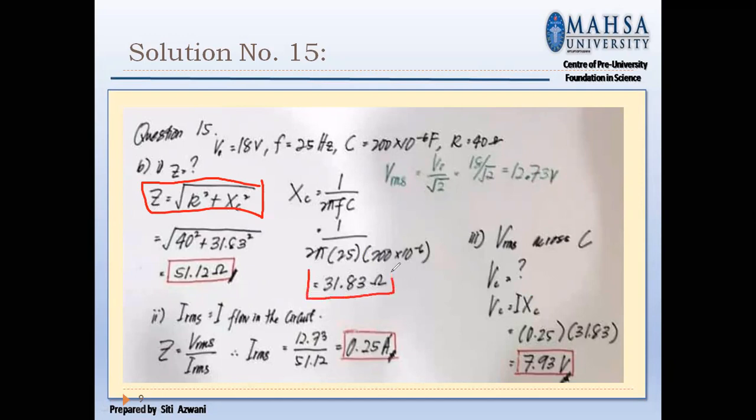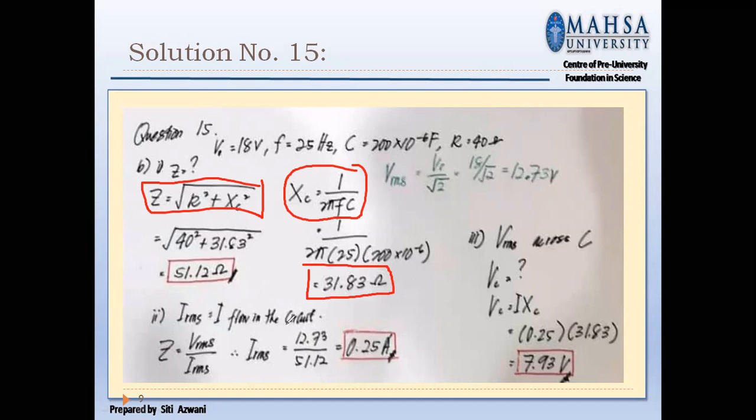This is your formula, don't forget the formula to calculate the XC. Then the final answer here for the Z is 51.12 ohm.